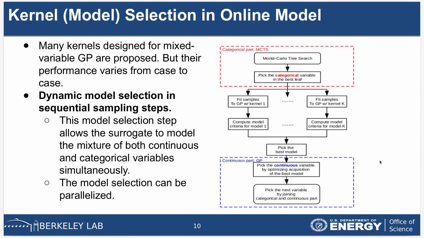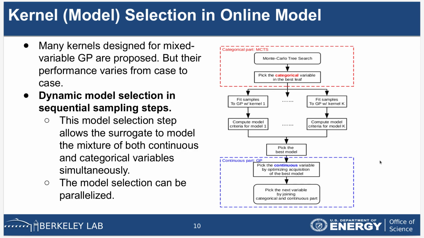But a more imminent problem is how we actually select from these kernels. Instead of selecting kernels at the beginning of the modeling, which is more like an offline context, we introduce this dynamic model selection scheme. That is, each time we observe sequential samples, we select the kernel.